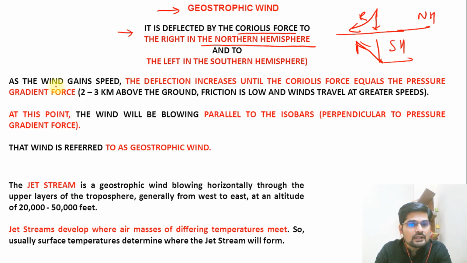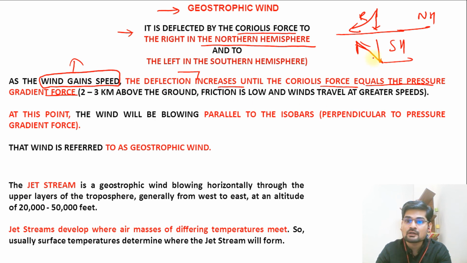Then as the wind gains speed, the deflection increases. Now this rate of increase in velocity also leads to the rate of change of the strophy, which is the change in the deflection, until the Coriolis force is equal to the pressure gradient force. Now remember, when this Coriolis force, the force because of rotation, is equivalent to the pressure gradient force PGF, what will happen?